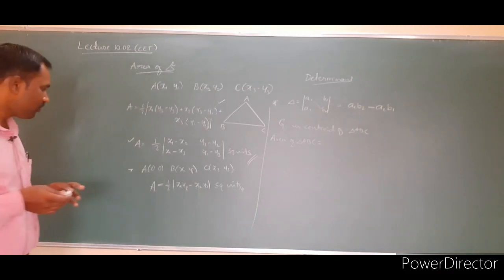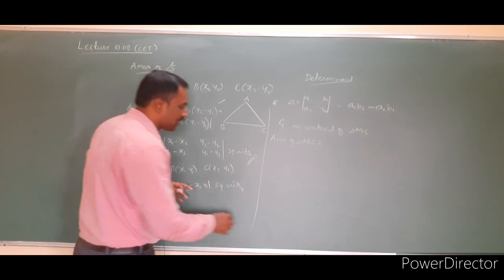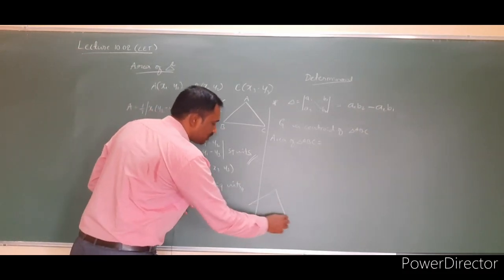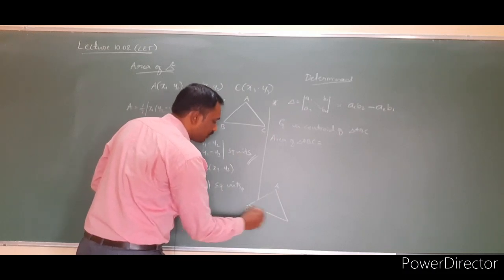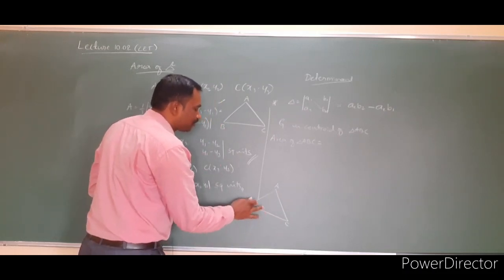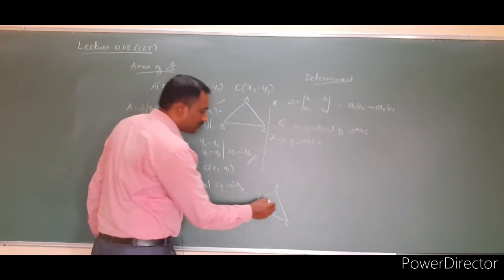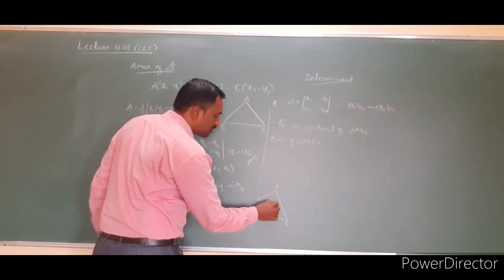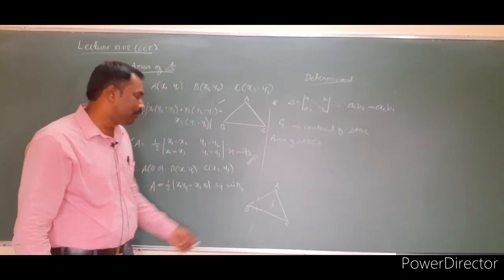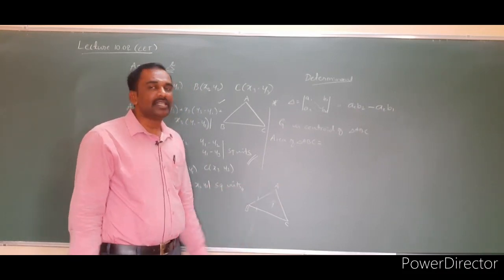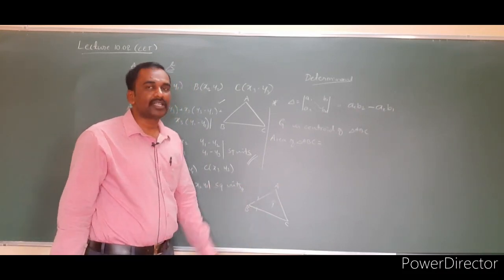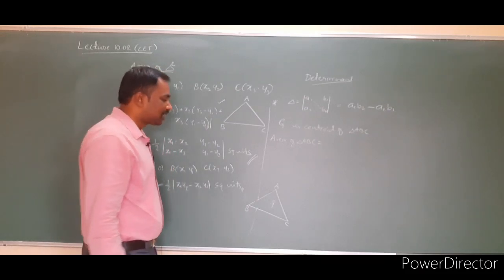First of all, I just take one triangle. Suppose this is the triangle A, B, C. Now the centroid, what is the centroid? Already you know that G is the centroid of the triangle. Medians are concurrent, and the point of concurrence is said to be the centroid of the triangle.